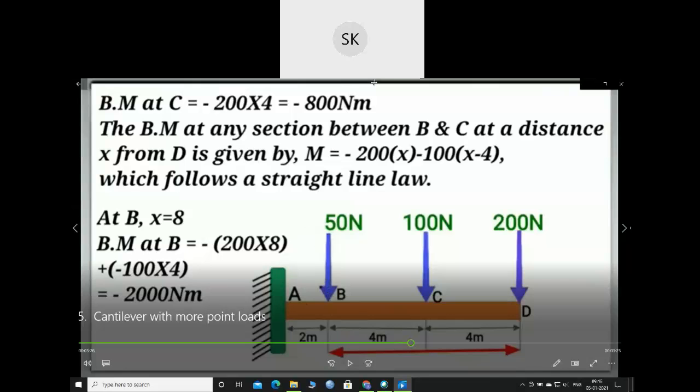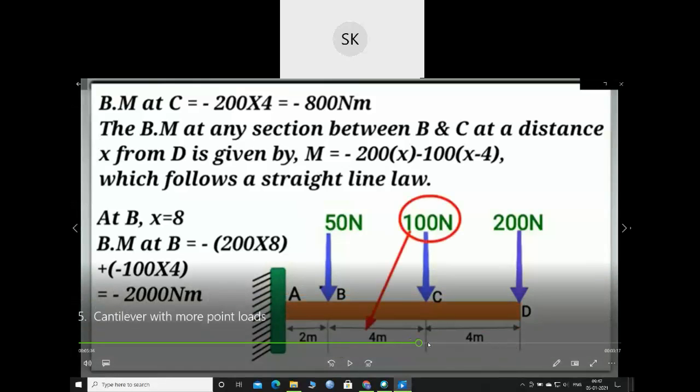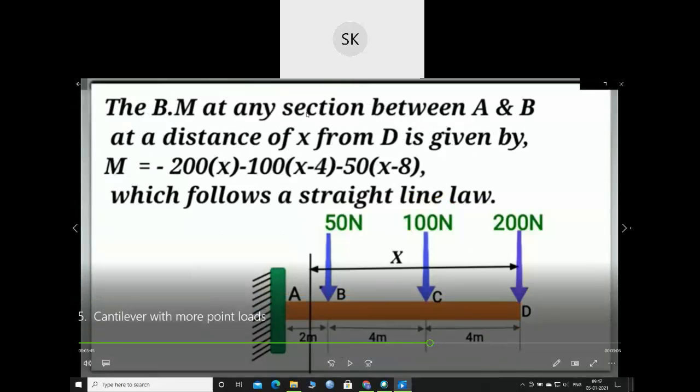Now the last section I have to take is between A and B at a distance of x meter. So what will be my bending moment? 200 into x, minus 100 into x minus 4, and 550 into x minus 8. So this is the bending moment equation between A and B. If I need to find the bending moment at A, you can replace x with a distance of 10 meter.